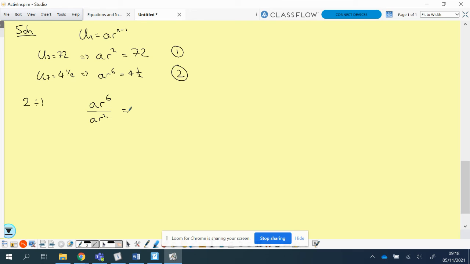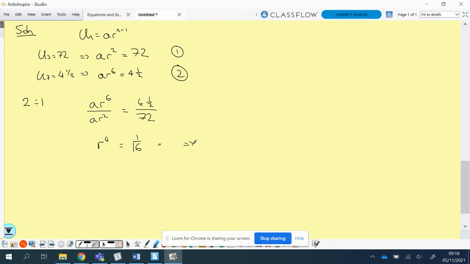Well, that still equals 4 1/2 divided by 72. If I divide these things, the A's cancel and the powers give me R to the power 4. And 4 1/2 divided by 72 is 1 over 16.